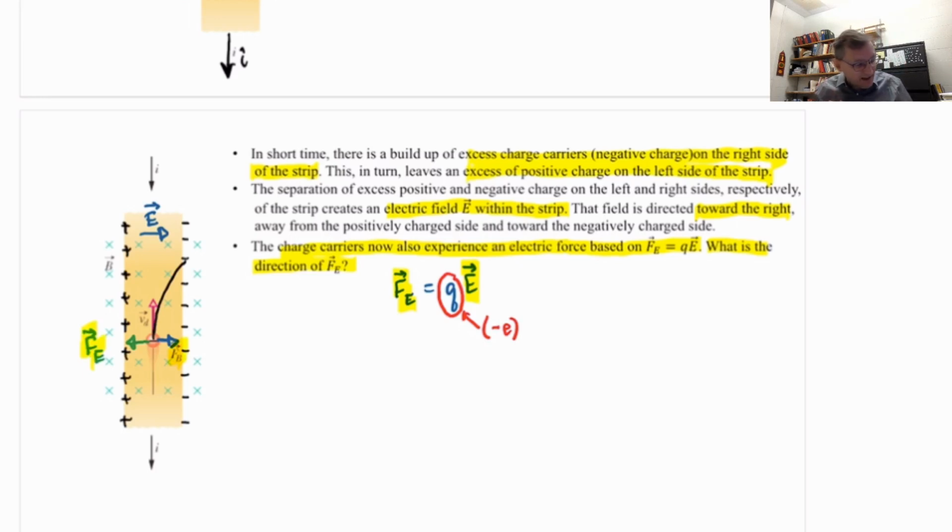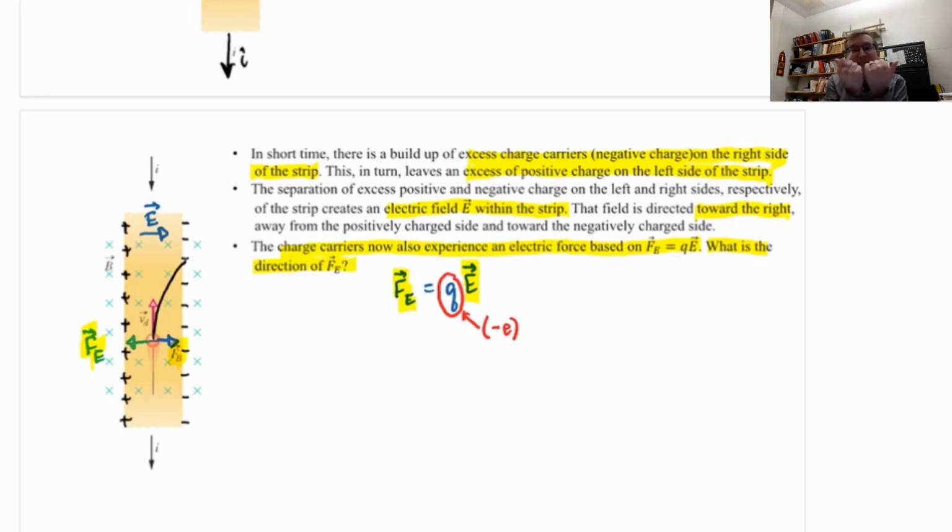That actually makes sense physically. That means these two forces are competing with each other, F magnetic and F electric. And initially, all we have is the F magnetic, because there is no electric field initially. But as that electric field builds up, as you get more and more charge separation on the two sides of the strip, electric field gets bigger, the F electric gets bigger, and eventually you're going to reach a special situation, a kind of steady state, where the F electric and the F magnetic exactly balance.